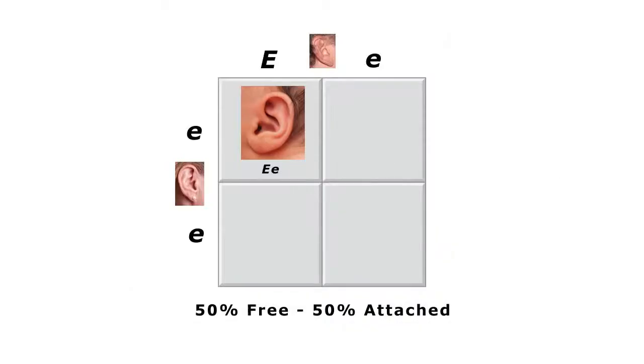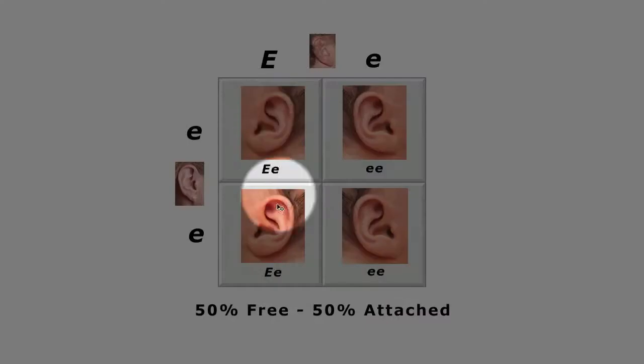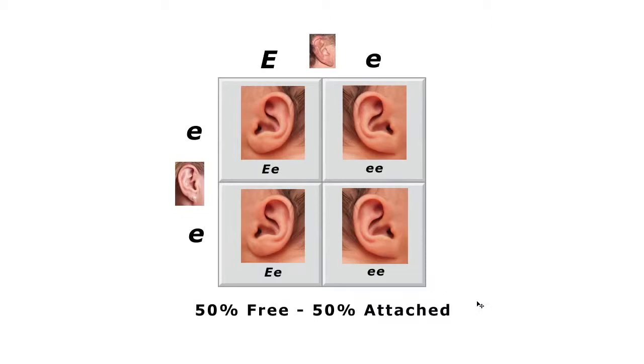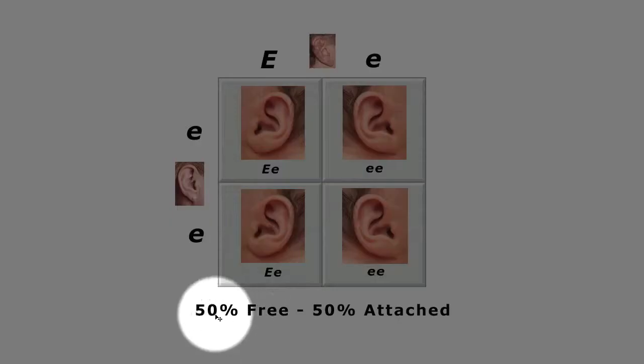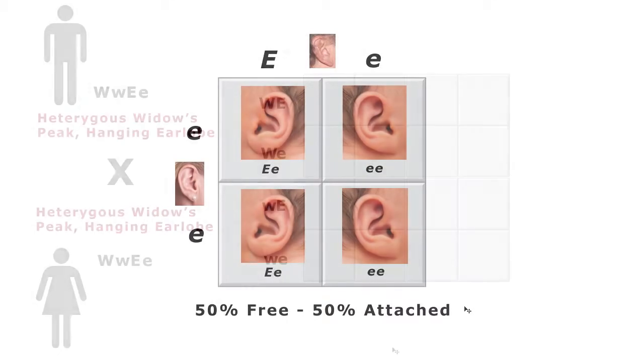If we do the rest of the combination possibilities, we see that 50% of the time we end up with heterozygous, 50% of the time we end up with homozygous recessive. So that means the end result of these two parents crossing is a 50% chance of having free hanging earlobes and a 50% chance that the babies are going to have attached earlobes.